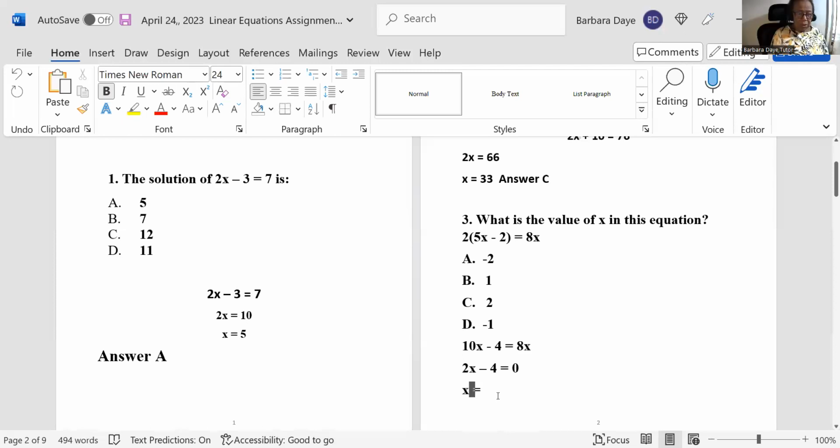That minus 4, you add, so you'd have a plus 4. If you add a plus 4 to the left and a plus 4 to the right, you get just 2x on the left, and this would be a 4. So wouldn't that just be 4 divided by 2? 4 divided by 2 is 2. So that's answer C.